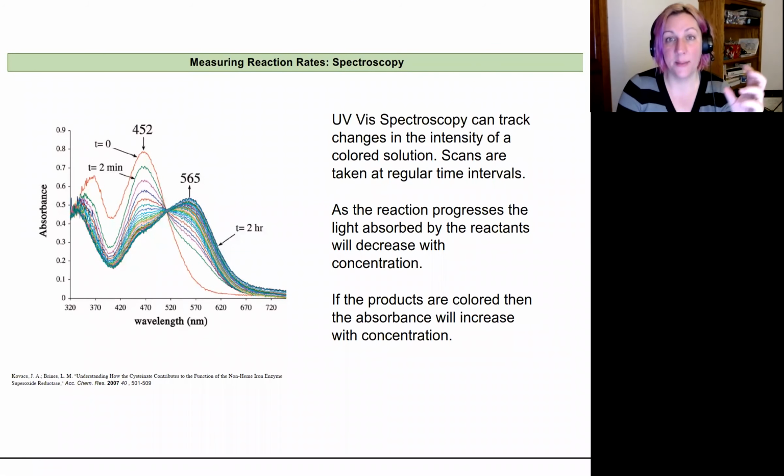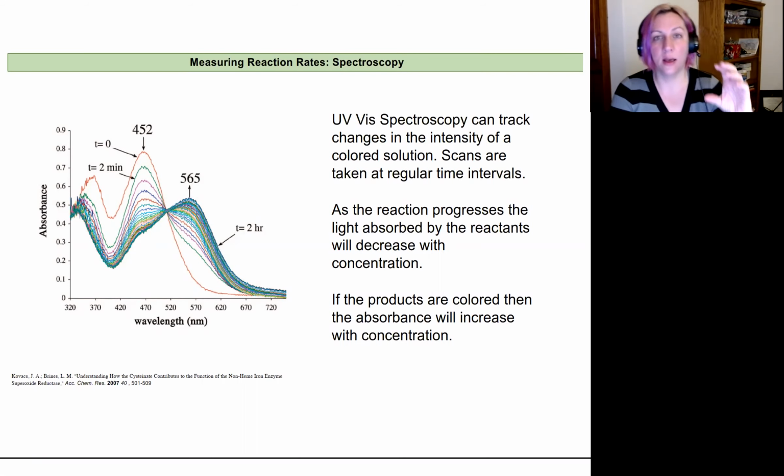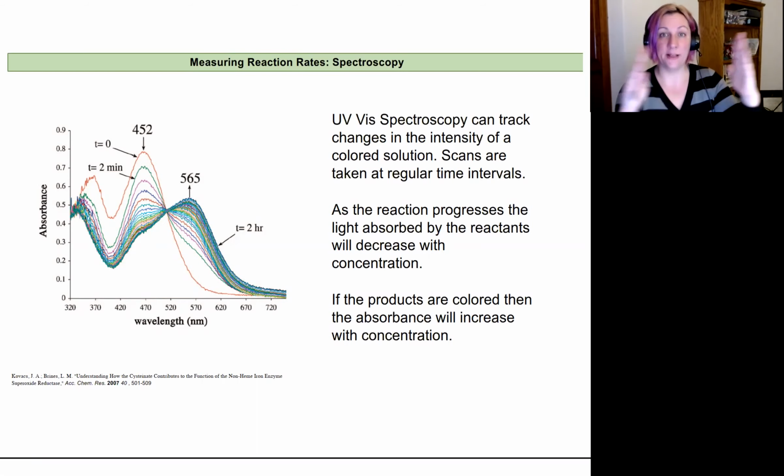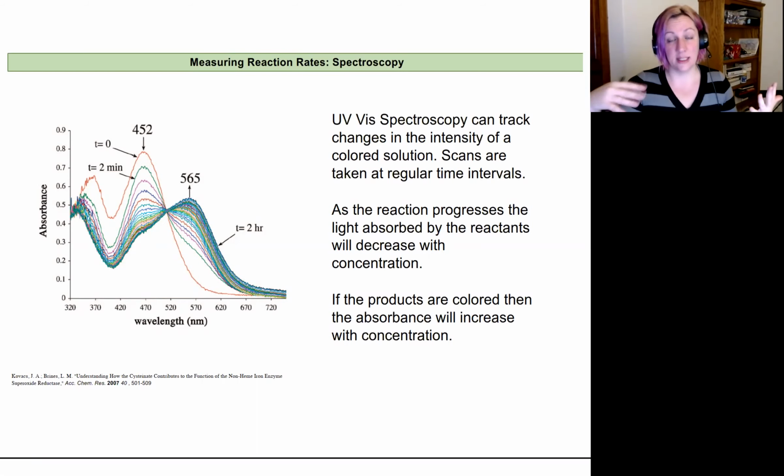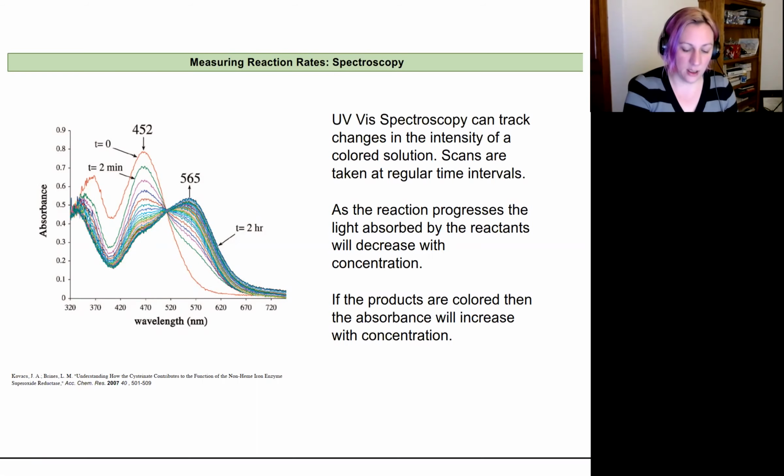So here's an example with spectroscopy where you're measuring the light that's being absorbed by your compound over a range of wavelengths. And so this will give a characteristic signature for a colored compound. And so we have something that's kind of reddish colored that's right here that we start with initially.